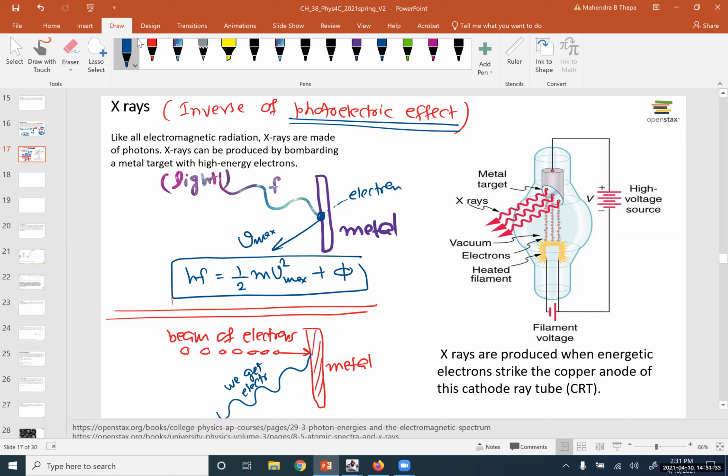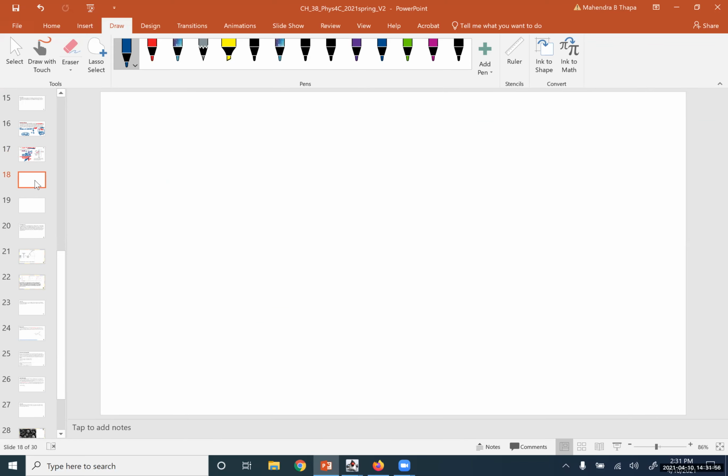This is just the inverse phenomenon of the photoelectric effect. This phenomenon can be explained in some ways, and this is one of the approaches to explain how we can get X-rays.